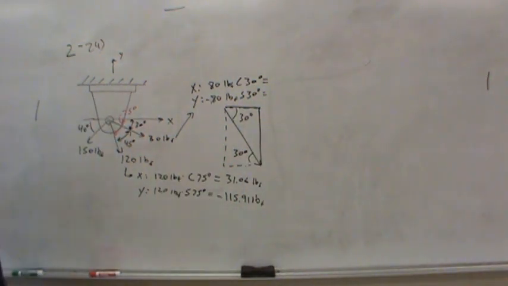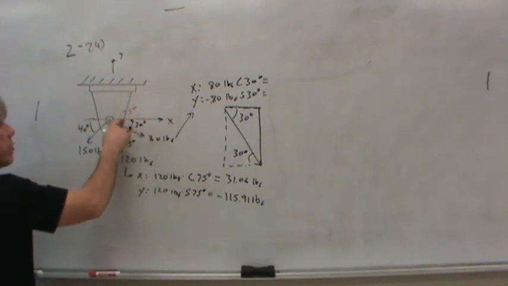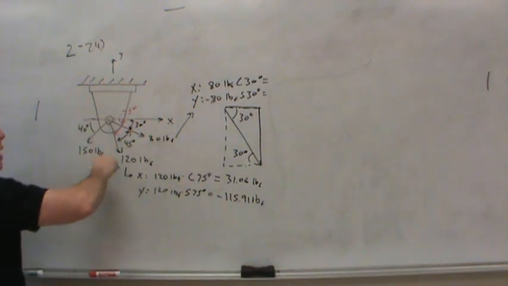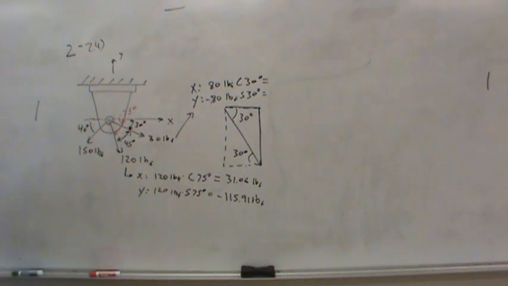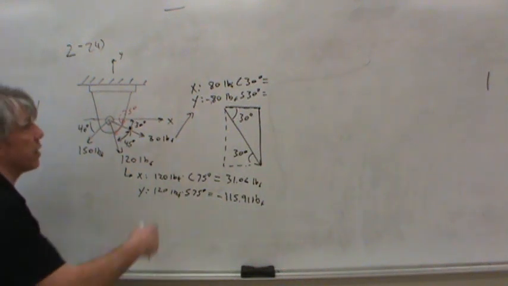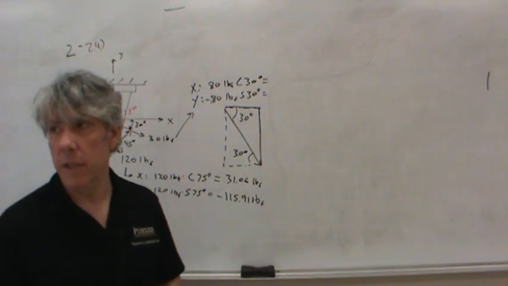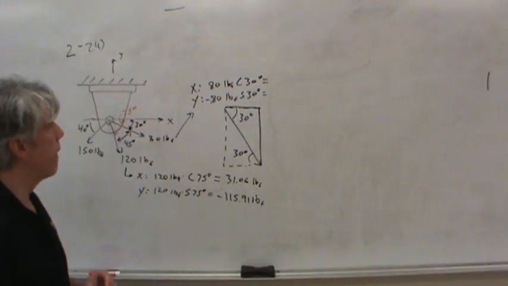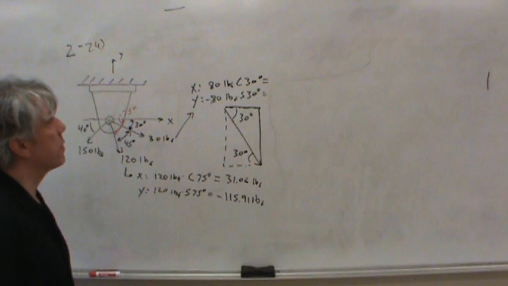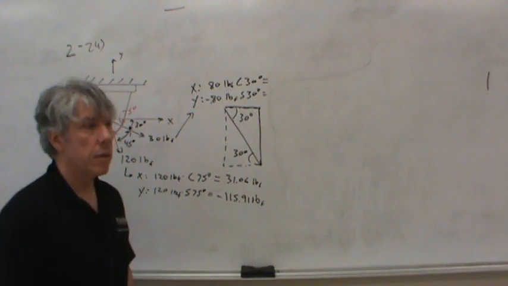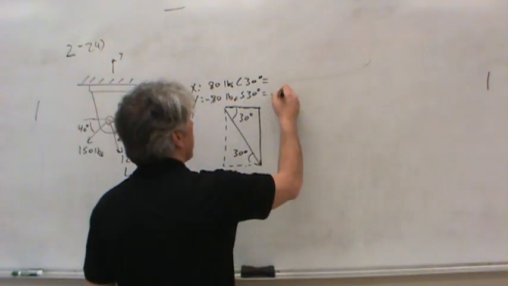If you really wanted to, you can measure the angle from the horizontal axis all the way around. So that would be 330 degrees. And then if you took sine and cosine of 330 degrees, the sign would come out automatically. Well, what do we get at 80 times cos 30 degrees? I'll do this one for you.